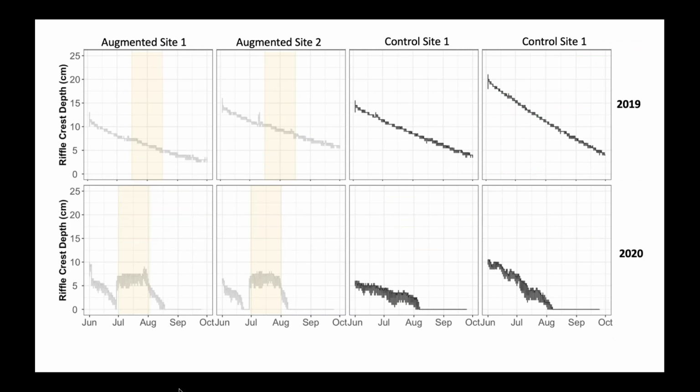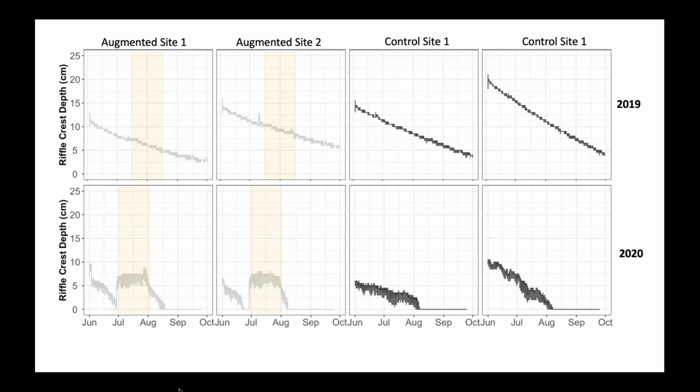So we took a look at riffle crest depth in both of our streams, and this is the same design again. And you can see that in the wet summer of 2019, when stage remained connected all summer and water was flowing well all summer, we had a negligible and statistically insignificant effect on riffle crest depth.